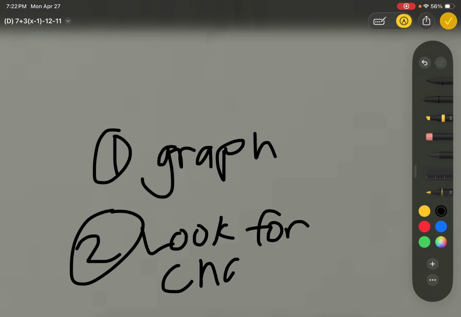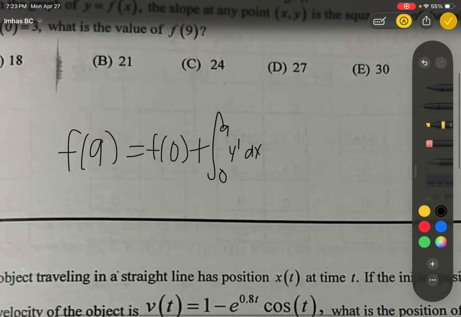So f of 9, remember that this is going to be f of 0 plus the integral from 0 to 9 of square root of x, which is y prime of x, dx.